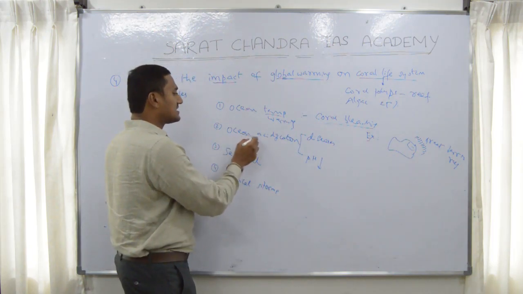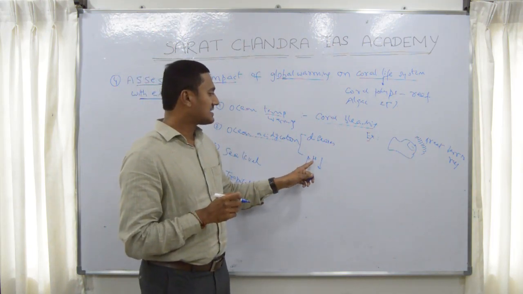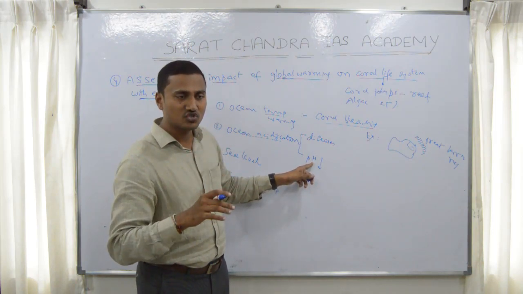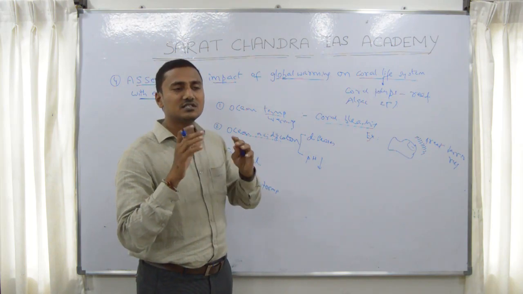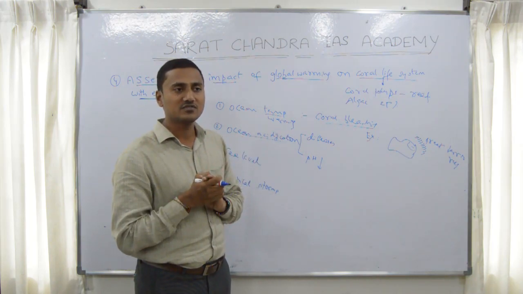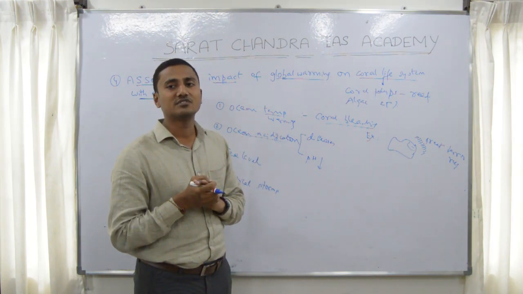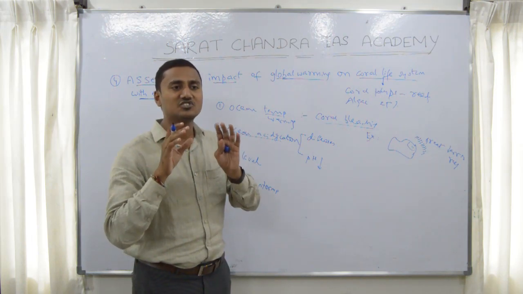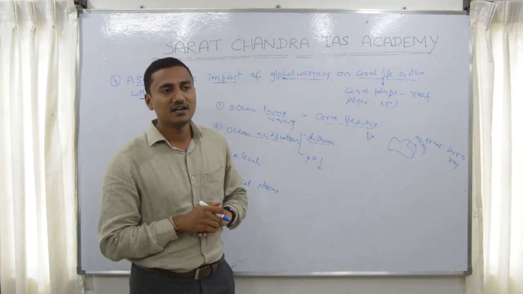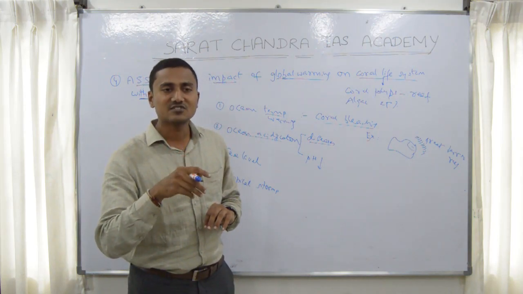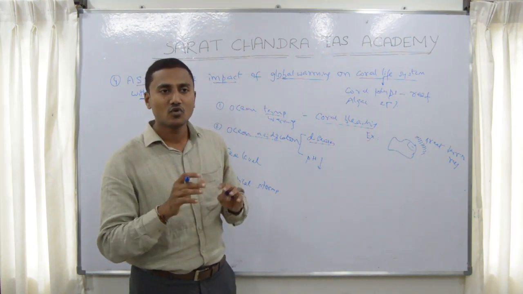Then ocean acidification. As the pH level decreases in the ocean, it again brings stress on the coral reefs. It leads to disintegration of the coral reefs. That definitely affects the lives of several marine animals that are taking shelter in the coral reefs. Similarly, it causes diseases to the polyps as well as the animals living in the coral reefs.